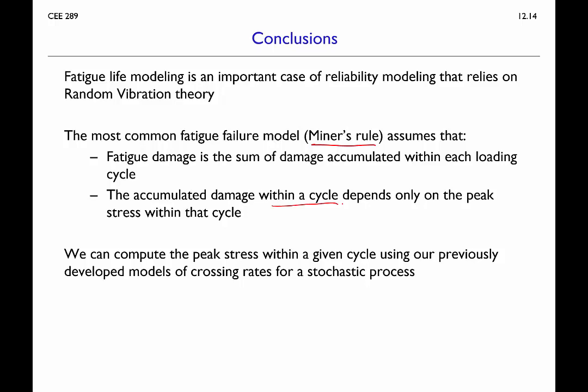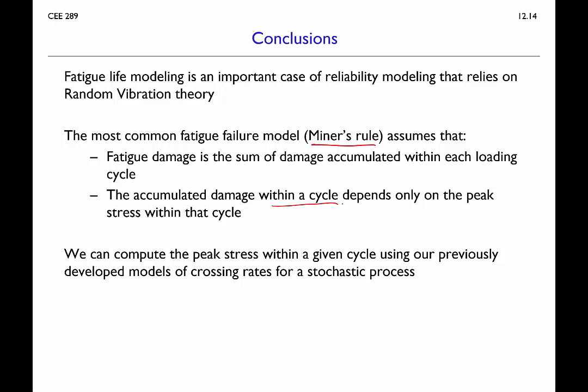The number of cycles to failure is a random variable, but we can take expected values to get to average numbers of cycles and expected values of time to failure. The analytical solution that we can get out of all of this is the case where the response and those stresses are a Gaussian process, because in that case we had nice closed form solutions for the rate of upcrossings, which we could use to get at a probability distribution of those peak stresses.